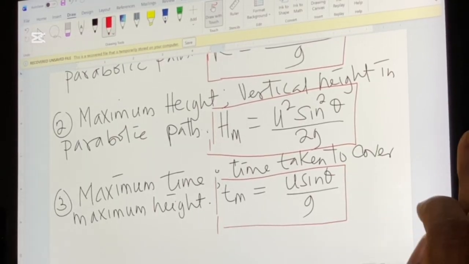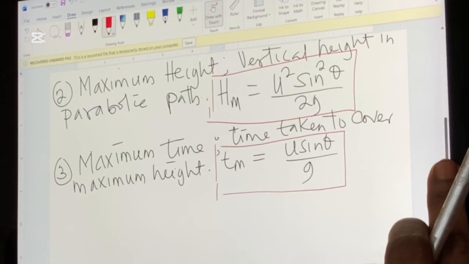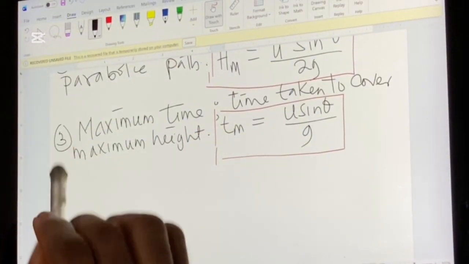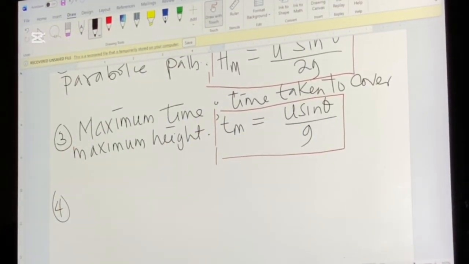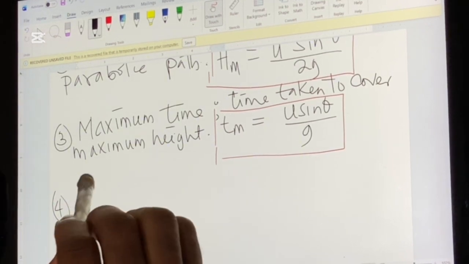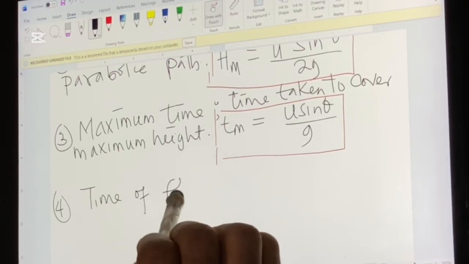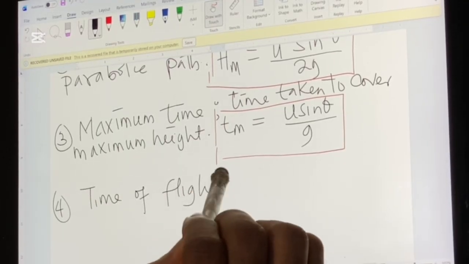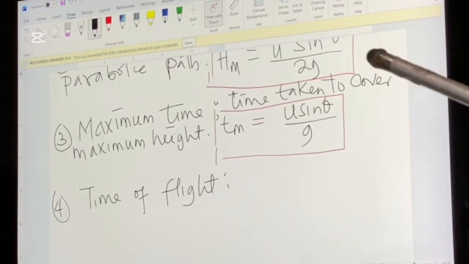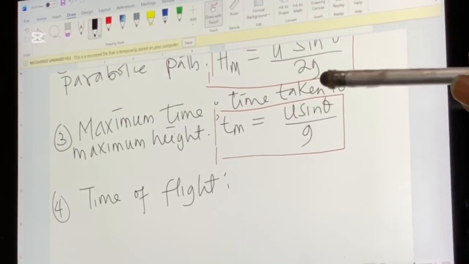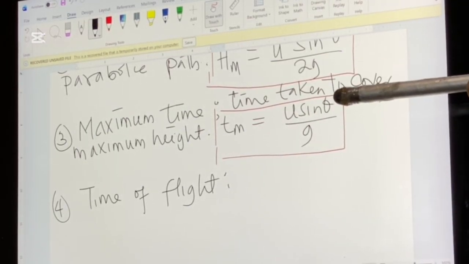Then let's take the last one here for this video. That is the last formula here, time of flight. Let's take a definition here: time taken to cover range in a parabolic path.